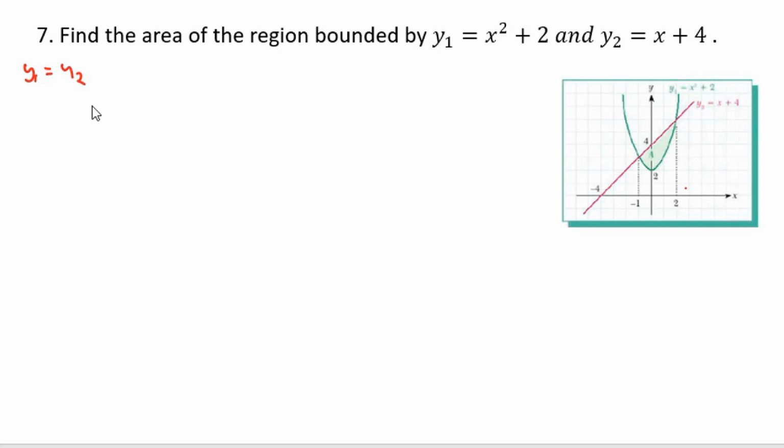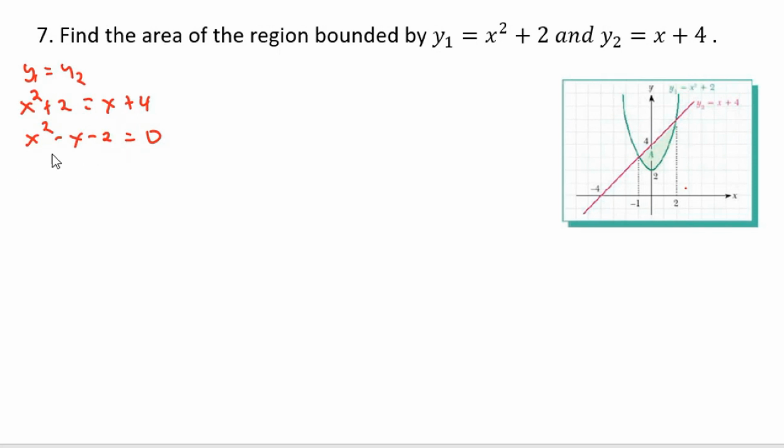We will do it like this if there is no interval given. So by substitution, this is x squared plus 2 is equal to x plus 4. Solving for x, we need to transpose. So we have x squared minus x, and 2 minus 4 is negative 2, is equal to 0.